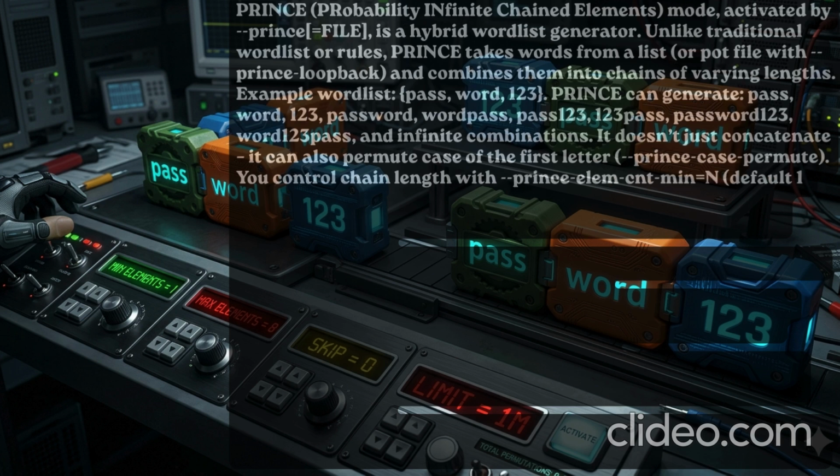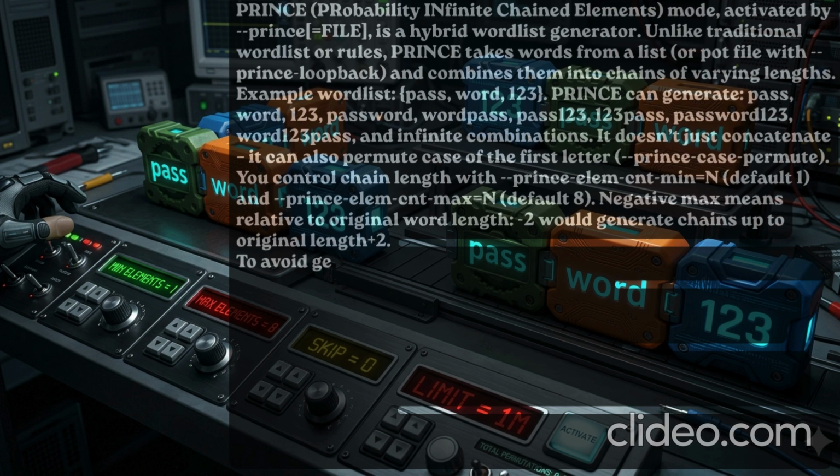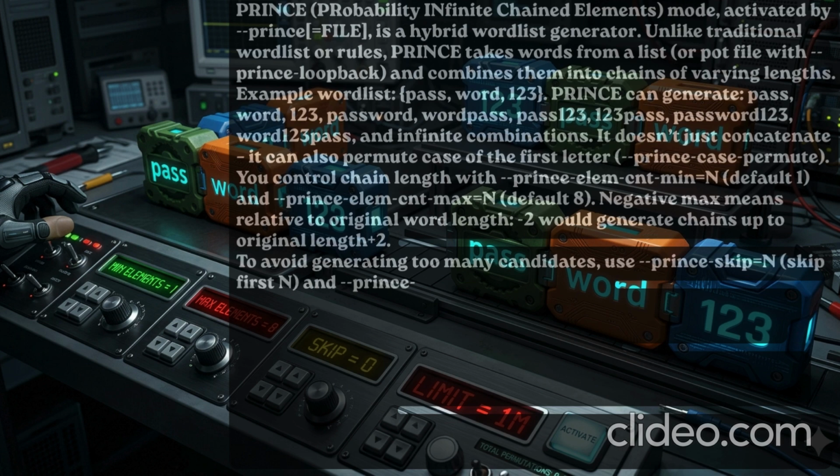And --prince-elem-cnt-max=n, the default is 8. Negative max means relative to original word length: -2 would generate chains up to original length plus 2. To avoid generating too many candidates, use --prince-skip=n and --prince-limit=n, stop after n.